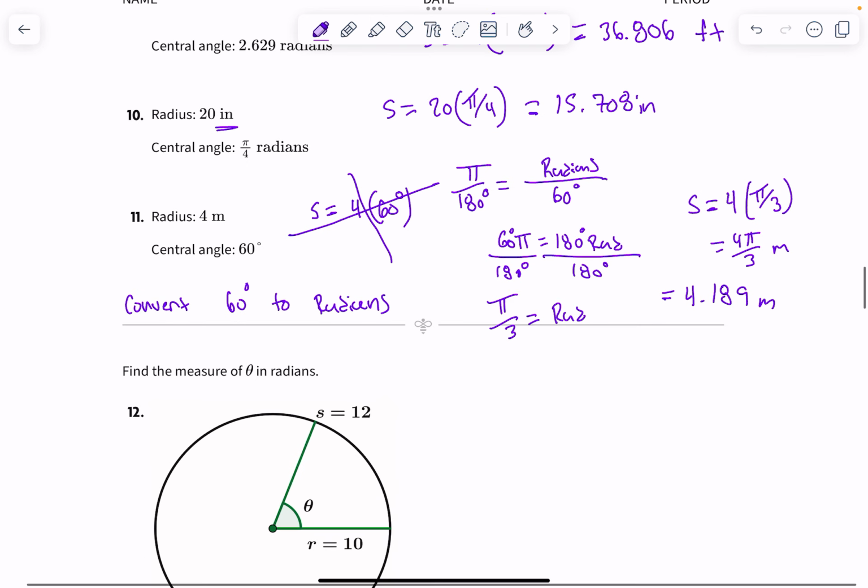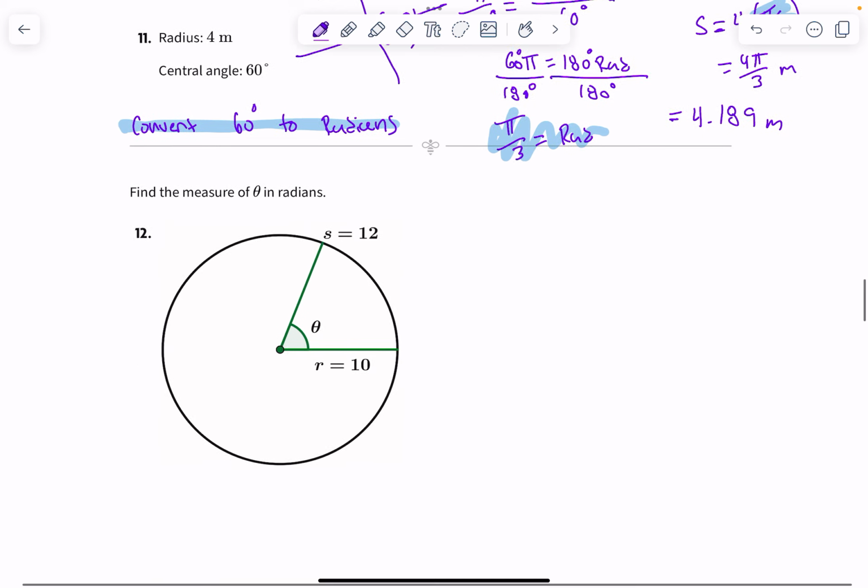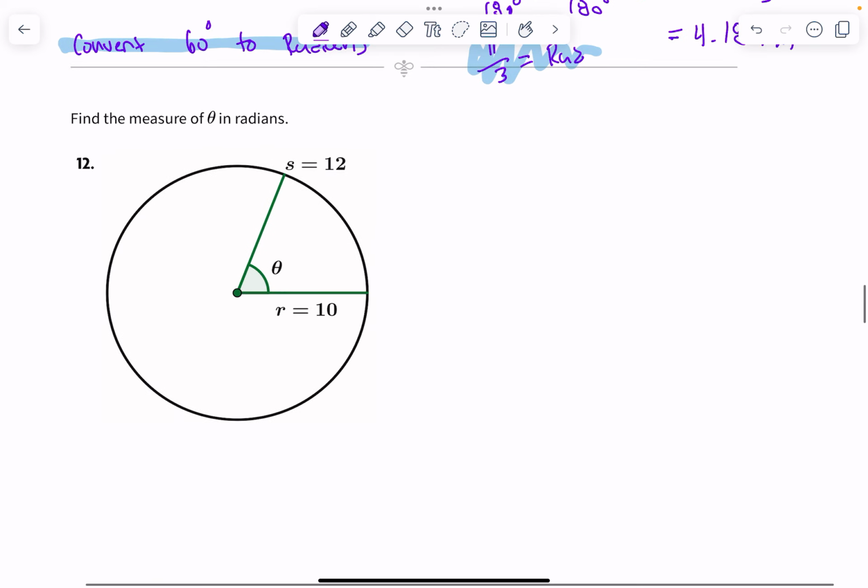This was a little bit of an extra step: we needed to convert to radians, and then plug it back in. Okay, cool.